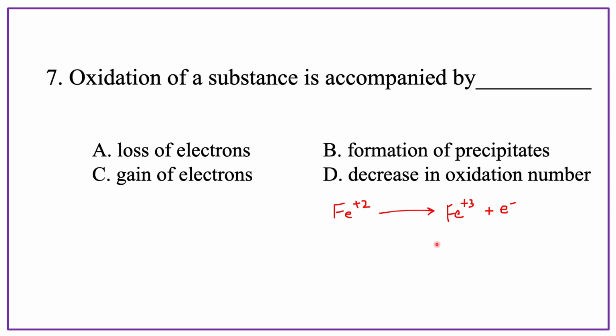Based on the definition, oxidation is accompanied by the loss of electron, as well as by the increase in the oxidation number. From +2 it has undergone oxidation, giving Fe3+. So the correct option here is the loss of electron, because it is the oxidation of the substance.